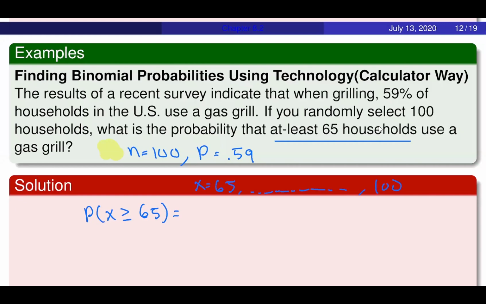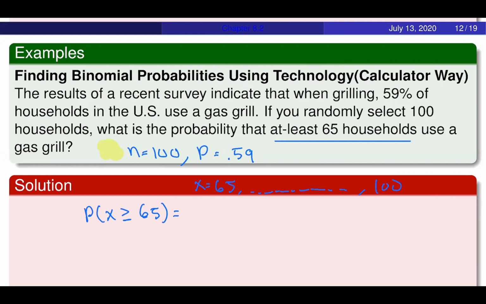You really don't want to do it by hand. You want to let your calculator do this one, because if you do it by hand, you're going to have to do the formula roughly 35 times. So everybody good with how we got n is equal to 100, p is equal to 0.59, and x is greater than or equal to 65?